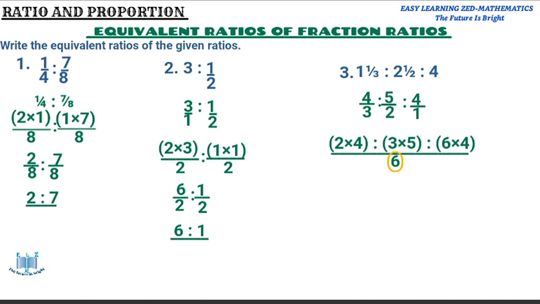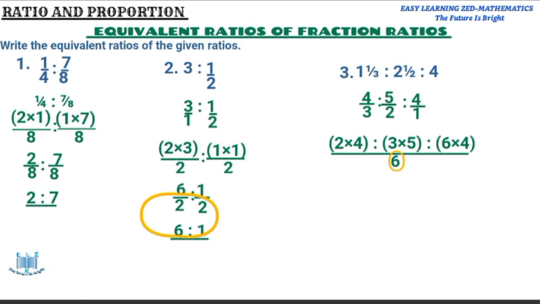So we can skip the stage where we have 6 over 2 and 1 over 2.